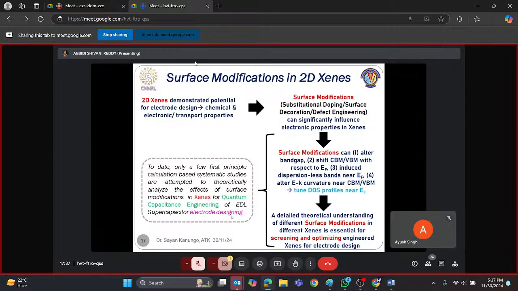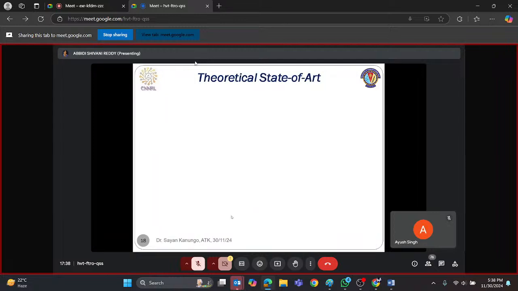So, from this perspective, DFT-based ab-initio calculation has emerged as the potential theoretical technique to address this concern. However, to date, only a handful of explorations are done in the literature on different surface engineered 2D materials as electrode design for ideal supercapacitor.